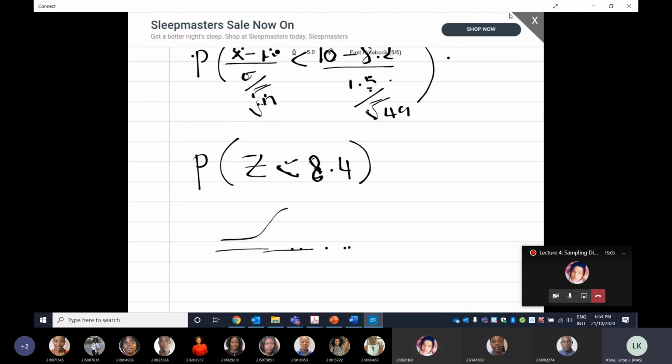Right at the center of the normal distribution is 0, and 8.4 is somewhere over there.